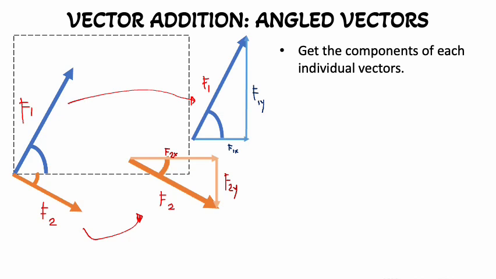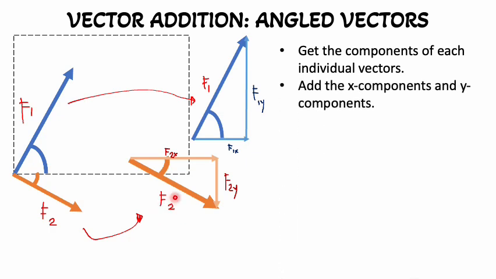After getting the components of each of these individual vectors, you are now going to add the x and y components. So you add the x components of F1 and F2, so you get F of x.